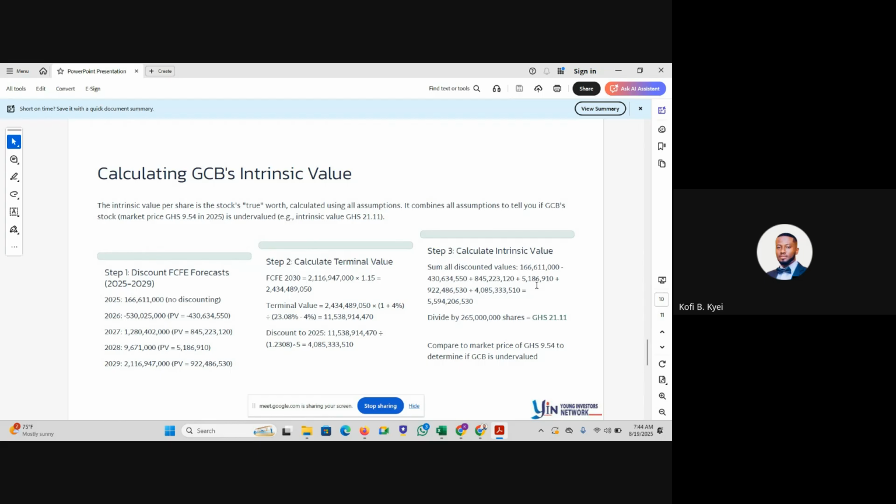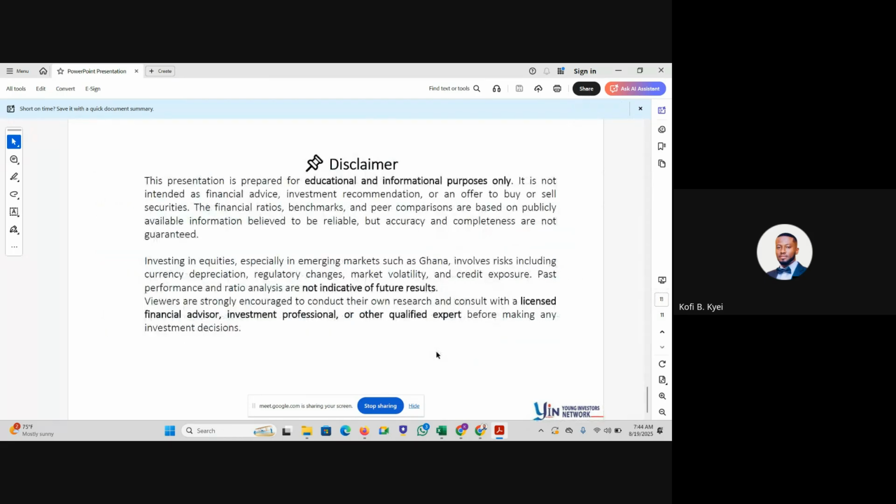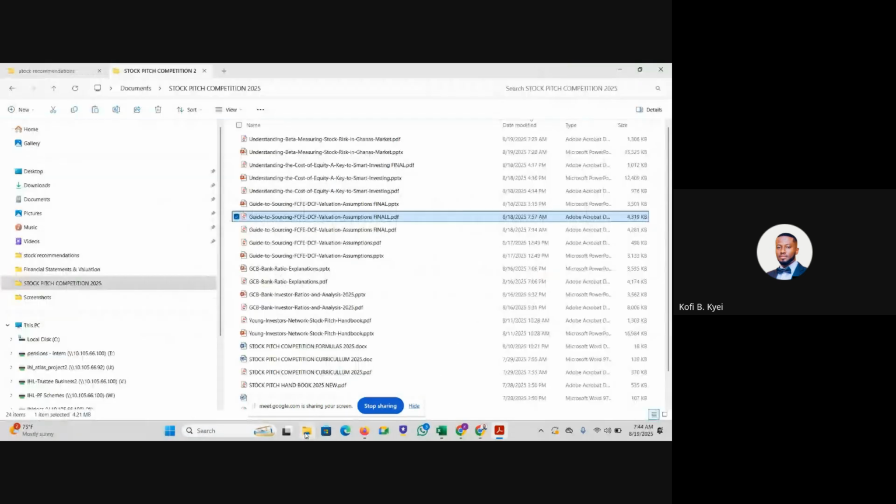Now, these are the discounted free cash flows. We'll go into it; this is just a snapshot of how it looks. Calculating the intrinsic value and how to go about it is all stated here. With that said, I'll move straight into the cost of equity explanation.